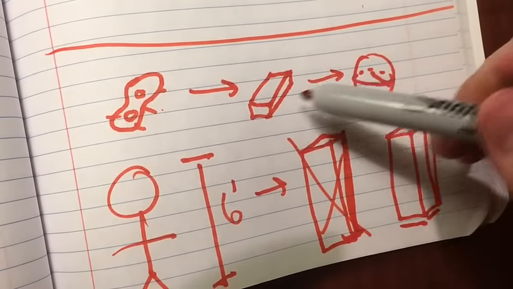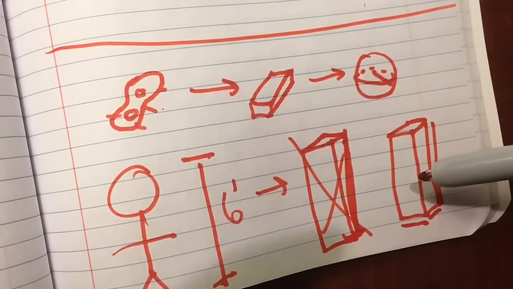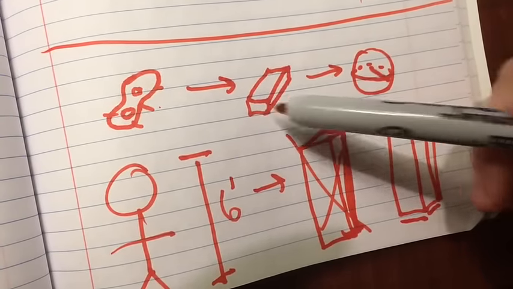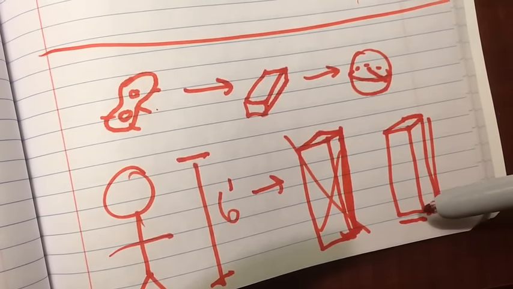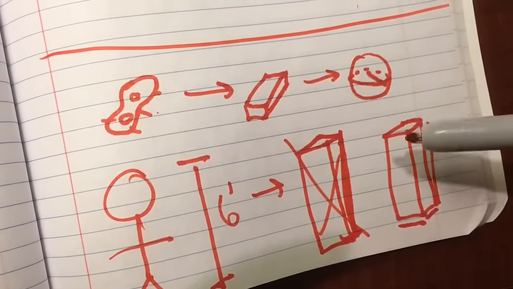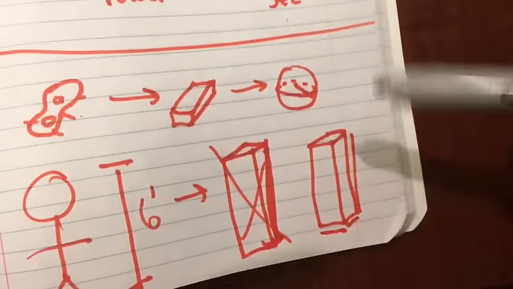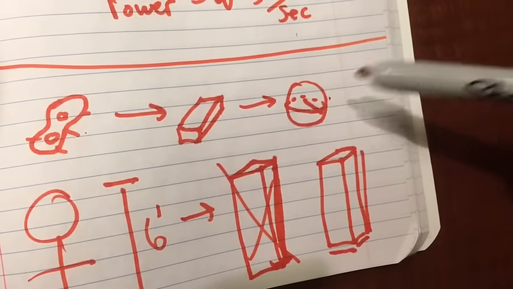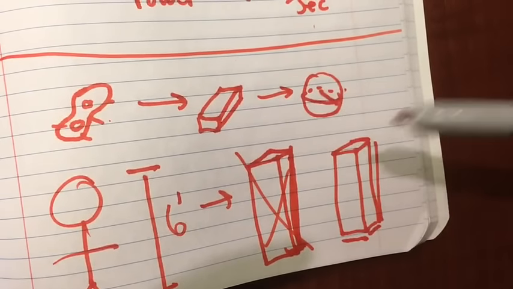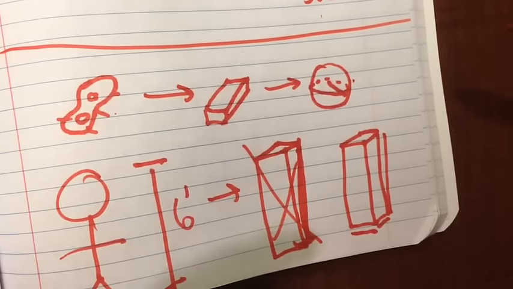How many of these guys can fit inside of this guy? If you're using cubes over here, it can be a lot easier to think about how many of these cubes can fit into this cube. Just conceptually, that can be easier, but it's totally cool if you calculate the volume of a cell using more of a spherical shape, whatever floats your boat.